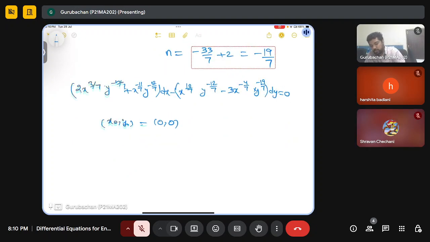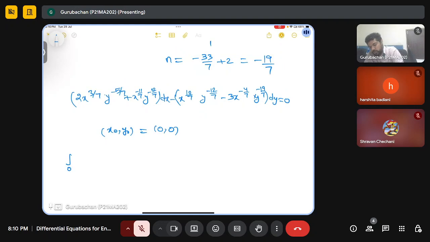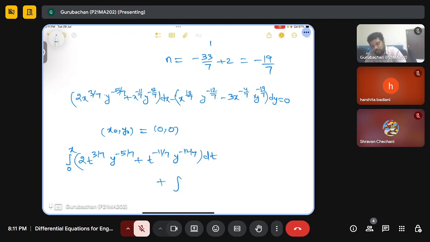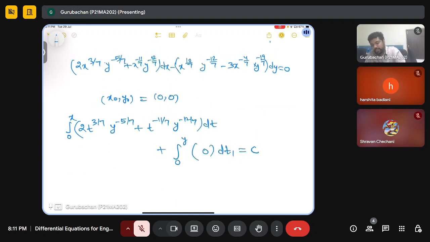Since there is no problem, it will be the integral from 0 to x of 2t to the power 3 by 7, y to the power minus 5 by 7 plus t to the power minus 11 by 7 y to the power minus 12 by 7 dt, plus the integral from 0 to y. Now we have to put the value of x as 0. If we put x as 0, this will be a constant. So we just need to integrate this one.